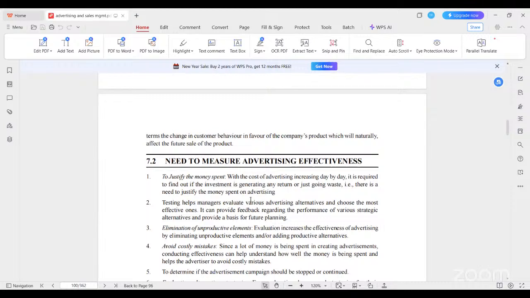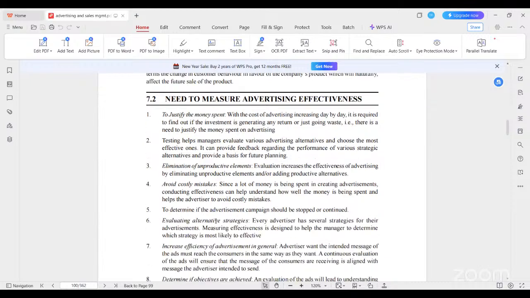The gaps can be eliminated, and we can redefine or modify our advertisement for its proper usage, maximum utilization of its benefits, and reaching large audiences.